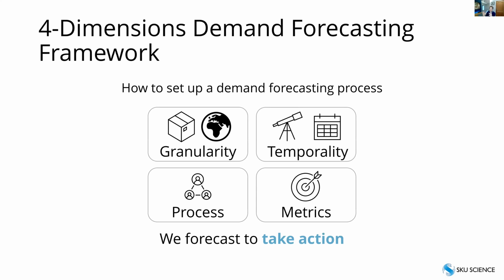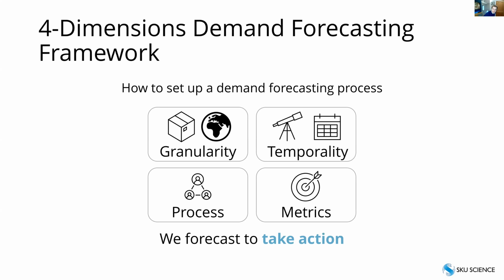Taking this into account, I came up with a 4-dimension framework that I like to review when I start a project with a company. I like to go through these dimensions one by one to set up the right demand forecasting process. And really at the core of this lies the fact that you forecast demand to take action.